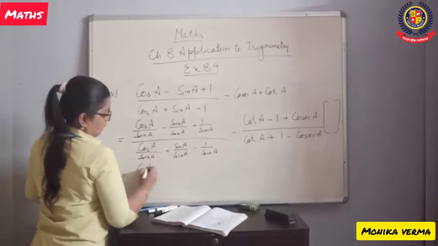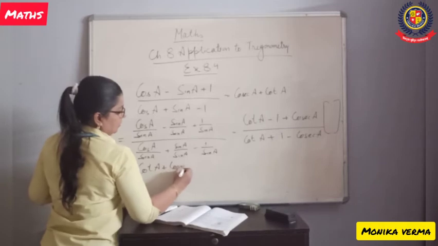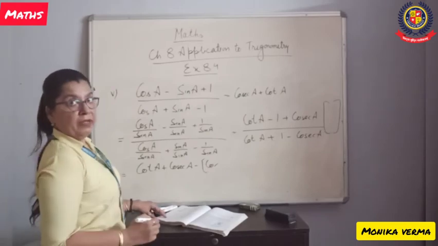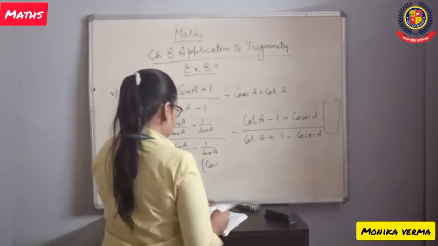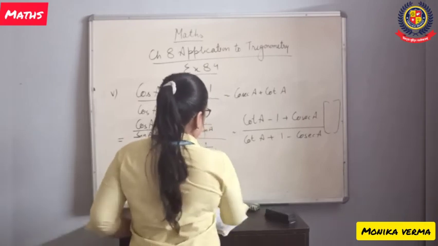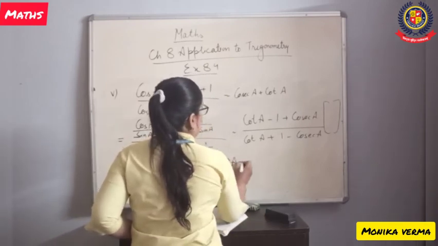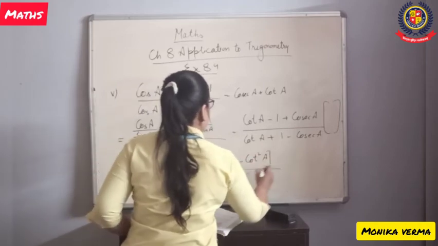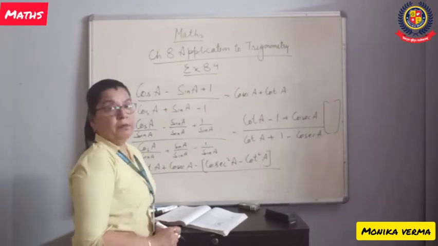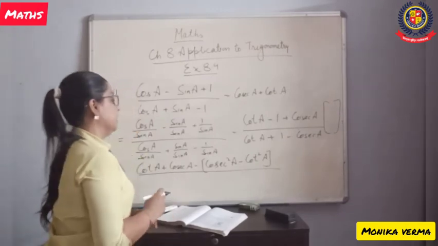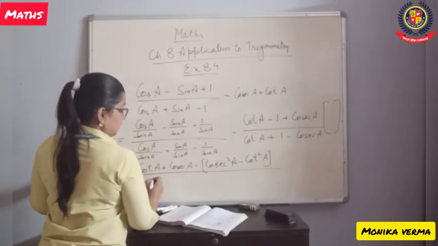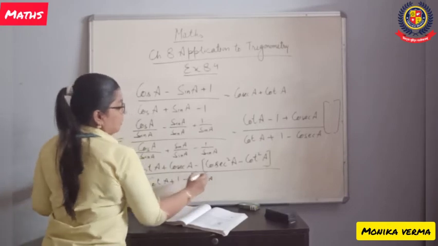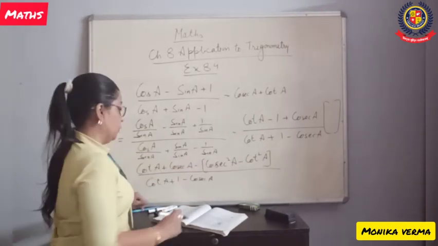We will have cot A plus cosec A minus cot square A, we will have cot square A minus cosec square A, cosec square A minus cot square A. We have the identity 1 plus cot square A is equal to cosec square A. So we got 1 is equal to cosec square A minus cot square A. Again A square minus B square, we will open this.